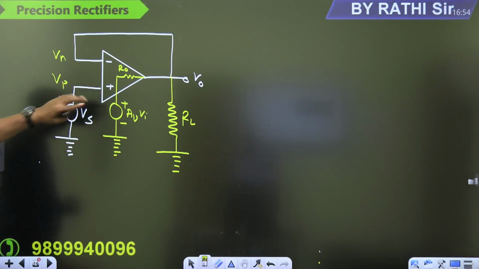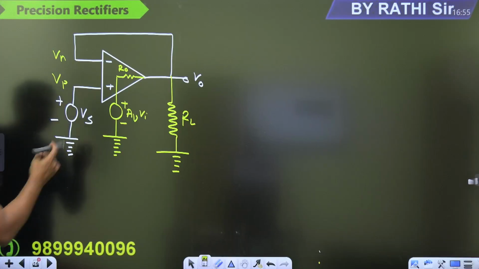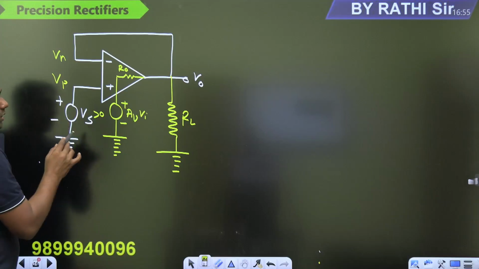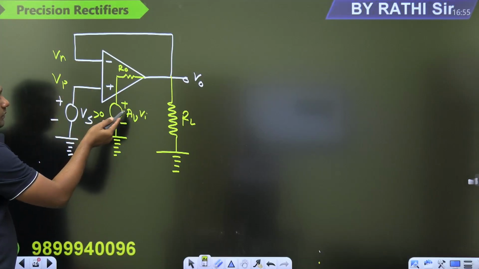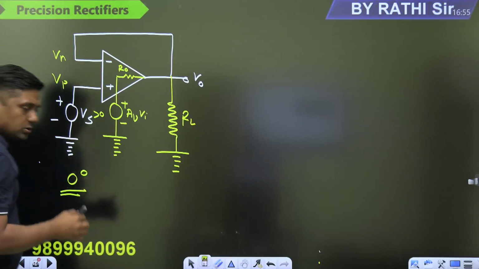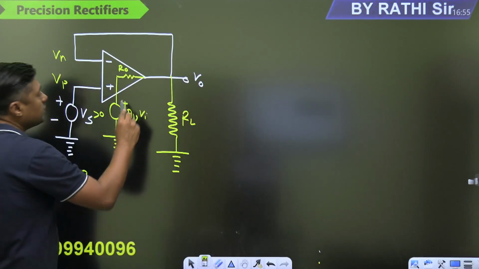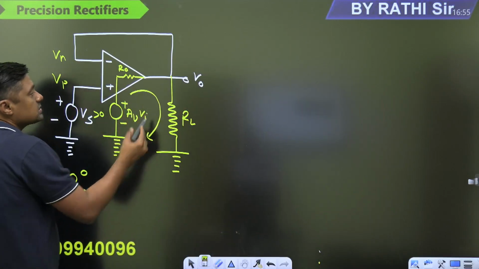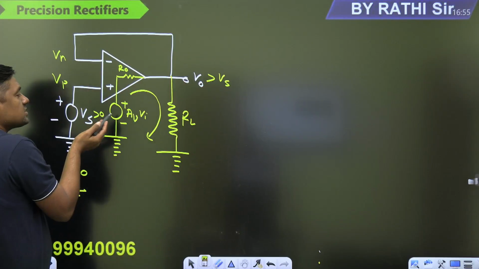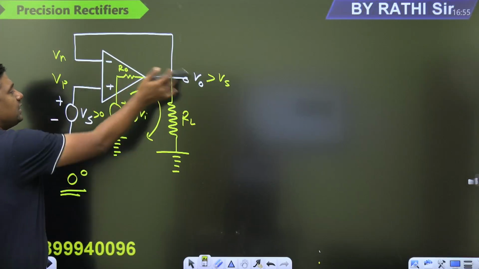Because of the 0 degree phase shift, if it is the positive half, Vs is positive. So what is the voltage here? Positive. Why? Because there is 0 degree phase shift. So positive will remain positive, and because of this positive, the direction of the current is downward. And yes, the output is exactly a replica of the input. Then what is the role of the operational amplifier here? The operational amplifier will provide the necessary current through the RL, and it will maintain the output voltage. Simple.